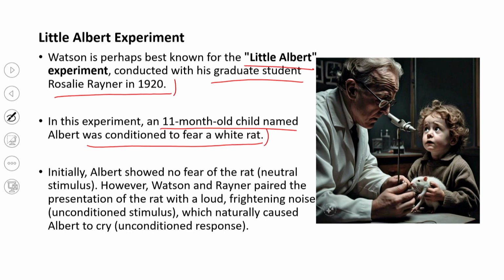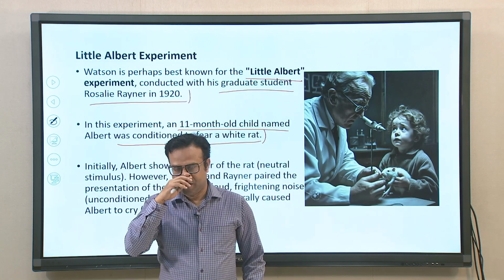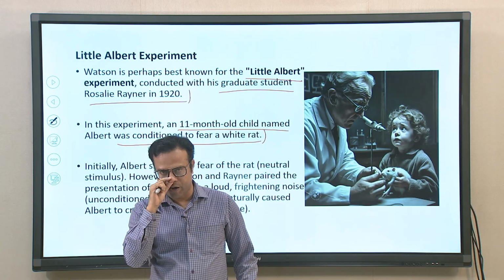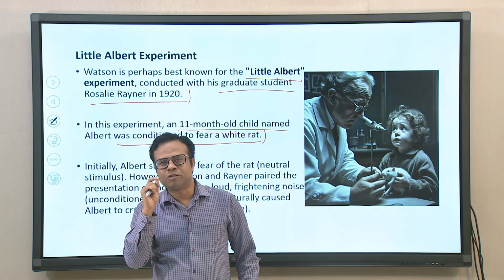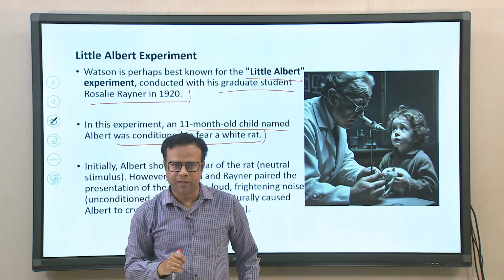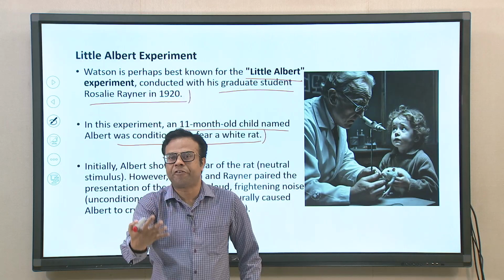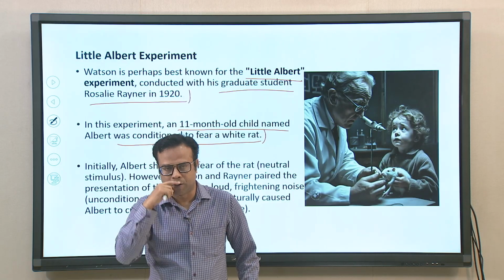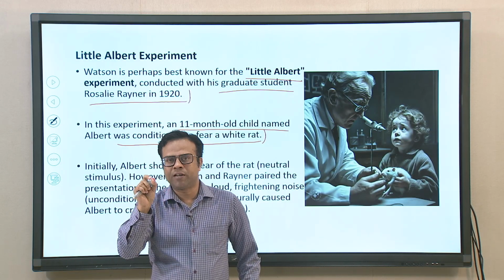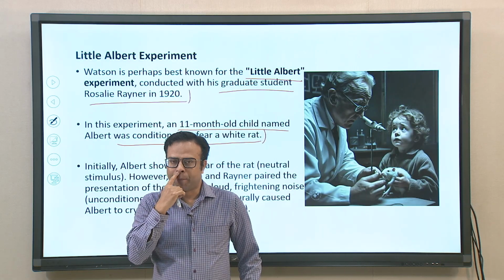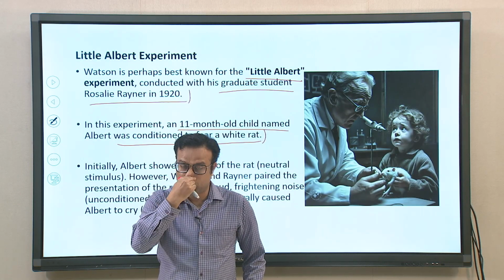They created fear in that child, which raises ethical problems. We may not be able to do such an experiment now because it is not right to create fear in a child. But what they did was condition a certain fear within that child, particularly the fear of a white rat. The child was not at all afraid of the white rat earlier, but they conditioned fear to this object.